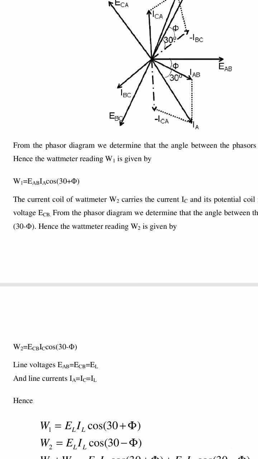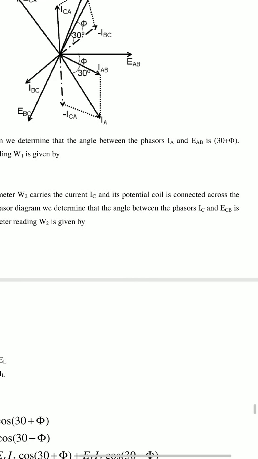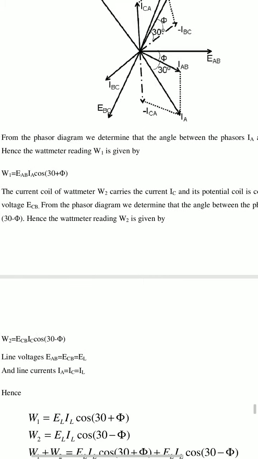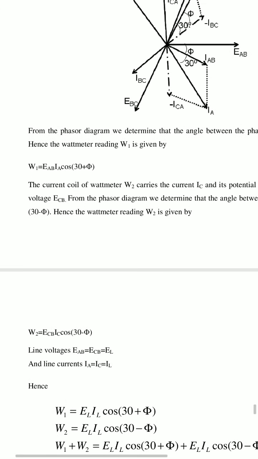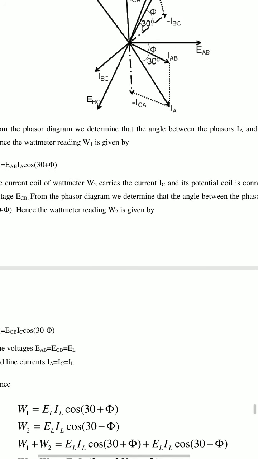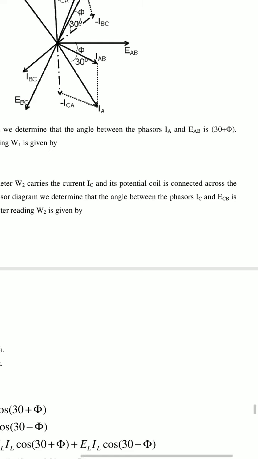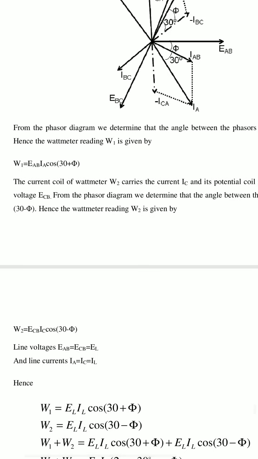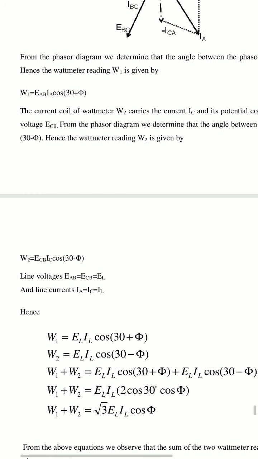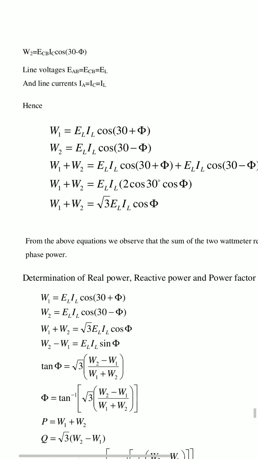The current coil of wattmeter W2 carries the current IC and its potential coil is connected across the voltage ECB. From the phasor diagram, we determine that the angle between the phasor IC and ECB is 30 minus phi. Hence, the wattmeter reading W2 is given by W2 is equal to ECB IC cos(30 minus phi).